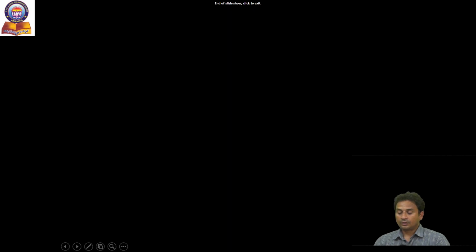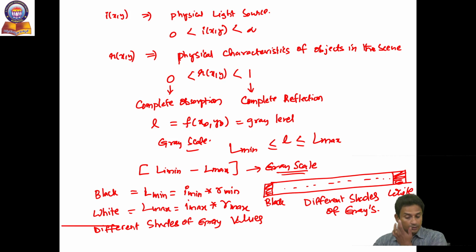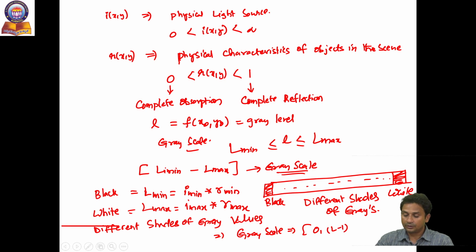In the context of monochrome images, the grayscale is generally represented as 0 to L minus 1 instead of L minimum to L maximum. 0 is the minimum intensity and L minus 1 is the maximum intensity of the image pixels.